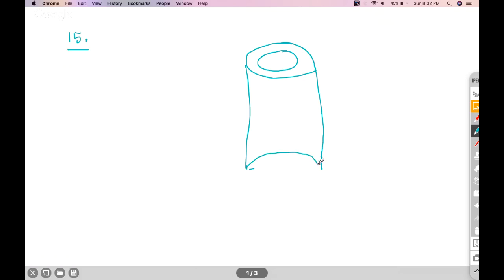Find the weight of a cast iron pipe of length 1 centimeter with the bore 3 centimeter in which thickness of the metal is 1 centimeter. So what it is trying to say is that it is something like this. So it's a hollow cylinder.